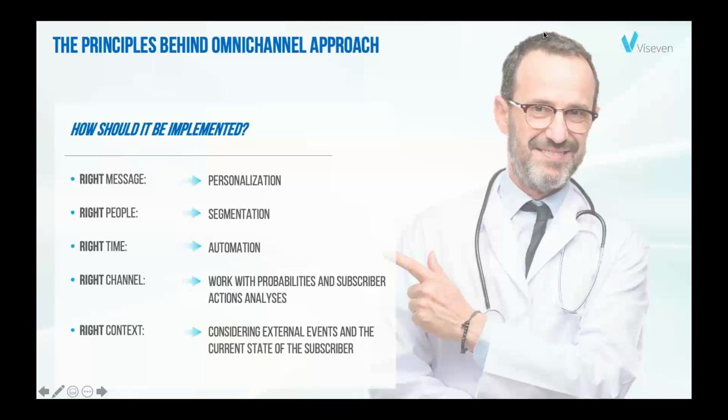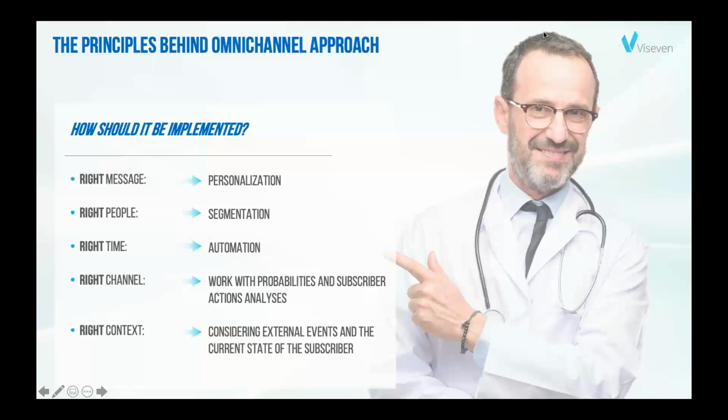We put in this element, and it helps us send the message to each particular HCP at the time that is most converting for this particular user. It's calculated by machine learning algorithms. So it's really working.